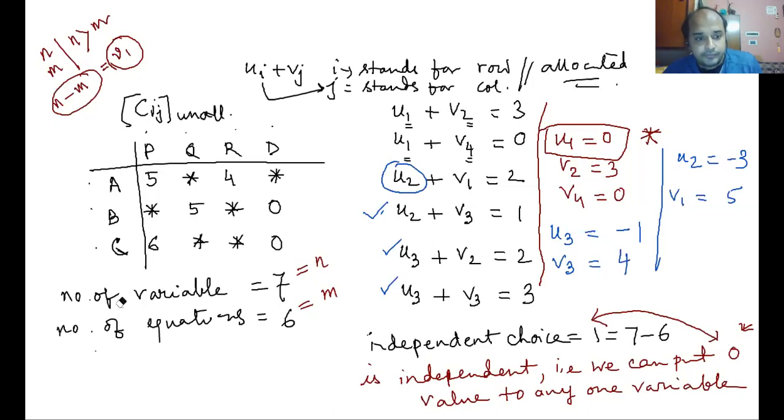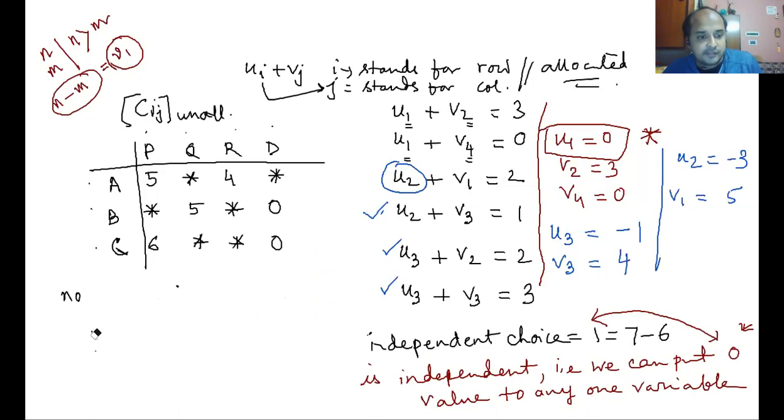Okay, so now we are going to make another matrix, and that matrix is called the ui plus vj unallocated matrix. Okay, let us find it out. So now I am going to calculate the ui plus vj unallocated matrix.